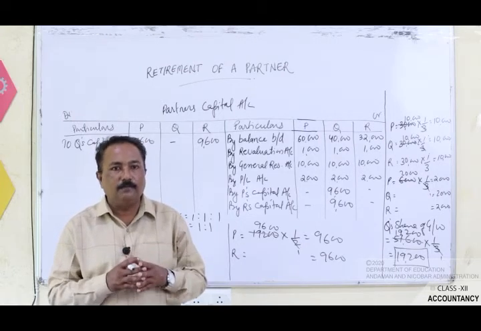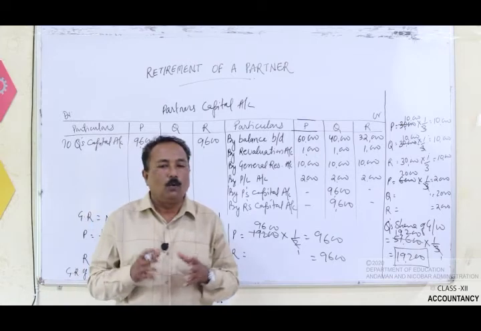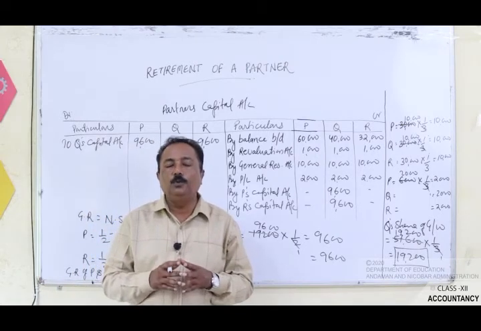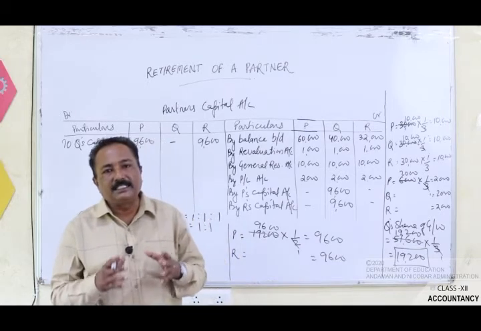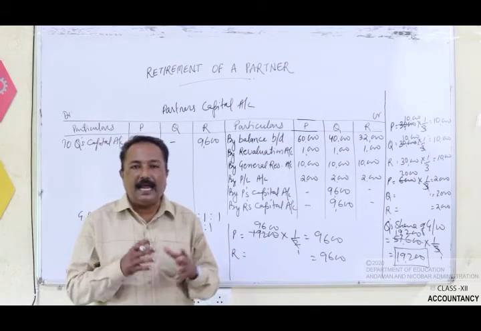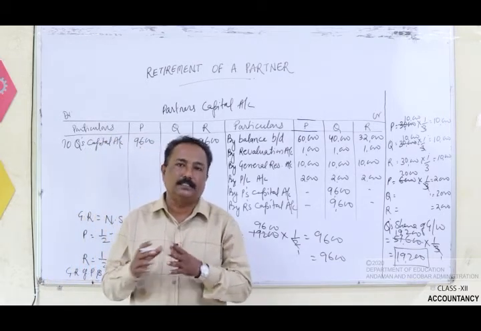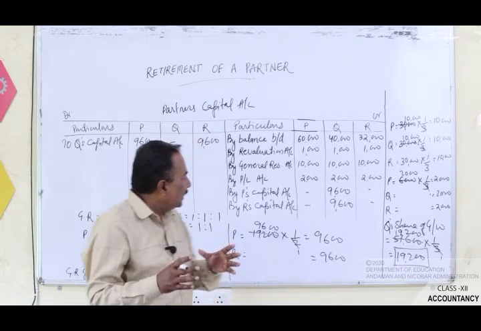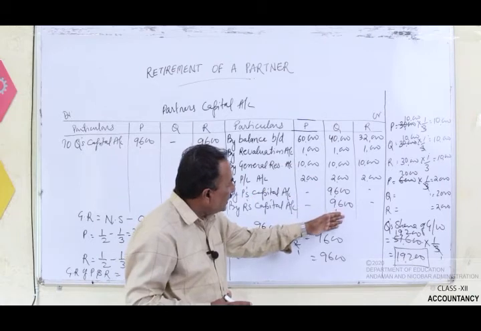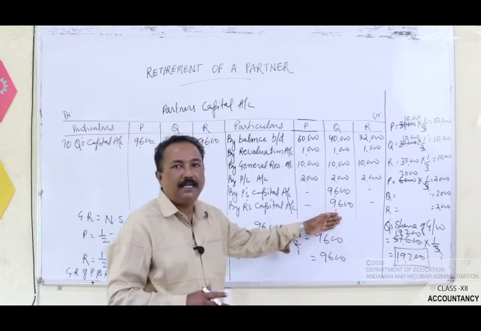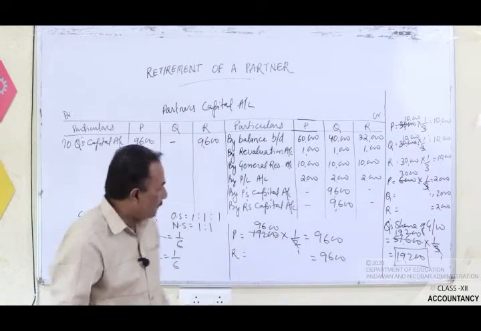Now, after recording for the goodwill, let us pass on to see the other terms. The other term given at the end was: amount due to Q be settled by paying rupees 10,000 in cash and the balance be transferred to his loan account. Now, let us first find out what is the balance in Q's capital account that we will have to pay.